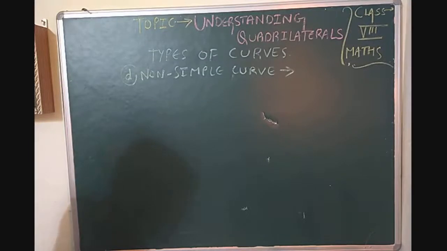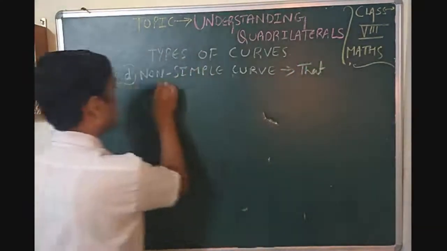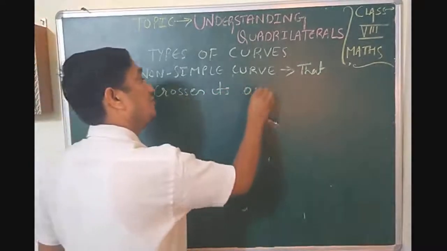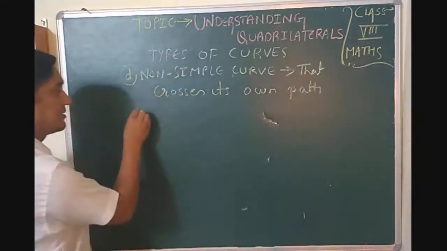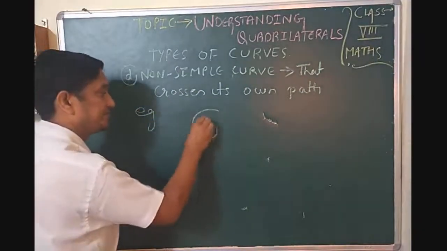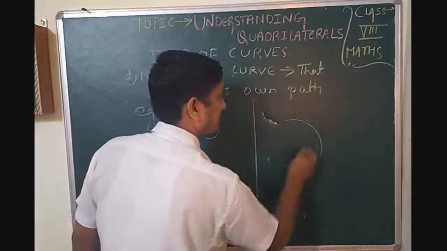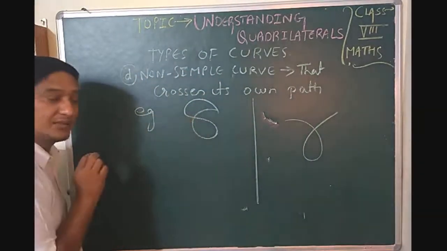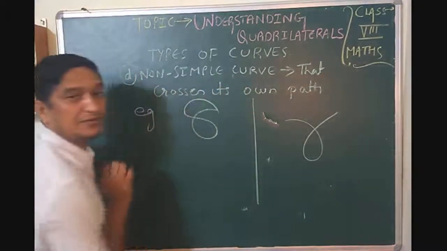Non-simple curves are those curves that cross their own path. For example, like this. Like this. They cross their own path. Such type of curves are called non-simple curves.